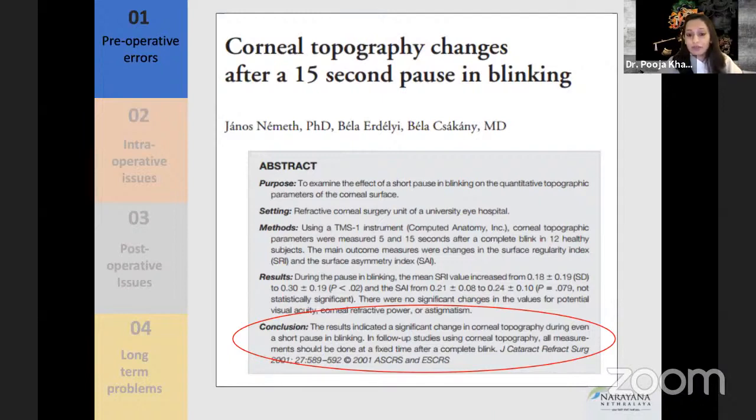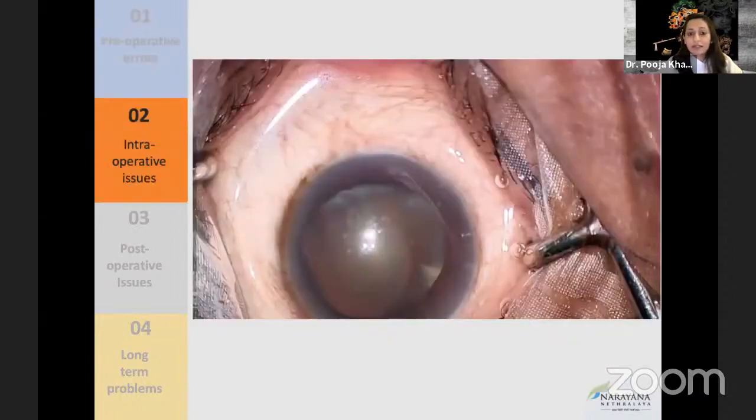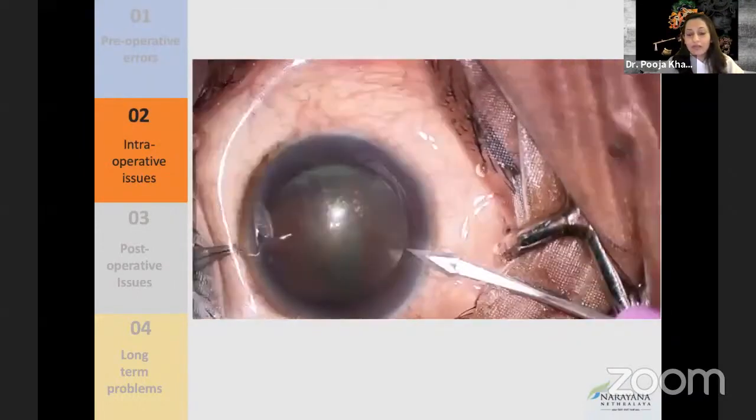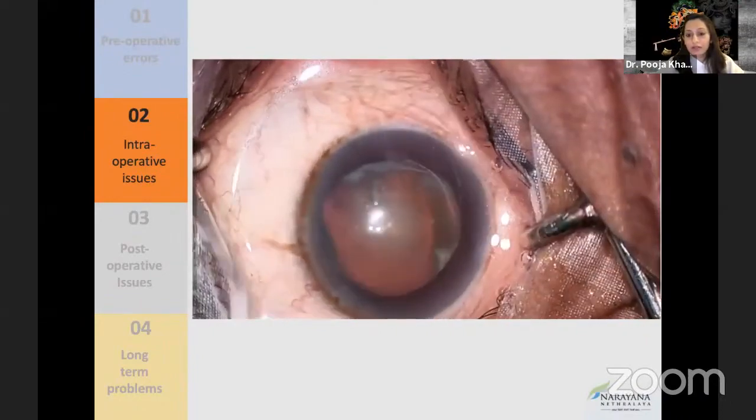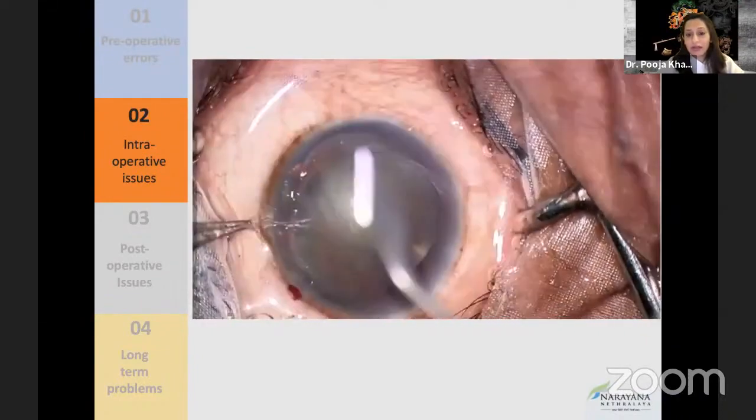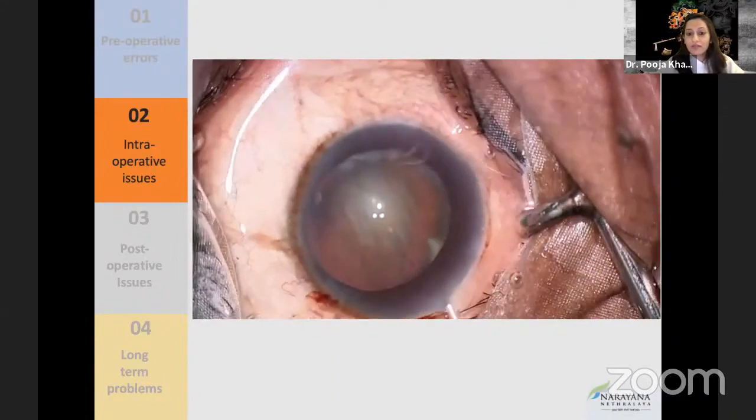When we are doing the topography, what is the ocular surface condition of the patient? If the patient has dry eye, then we have to treat the dry eye or ocular surface condition and then do a corneal topography for a reliable result. The second thing, we had a wonderful discussion about the newer generation microscope for cataract surgeries, and it's a phenomenal thing.